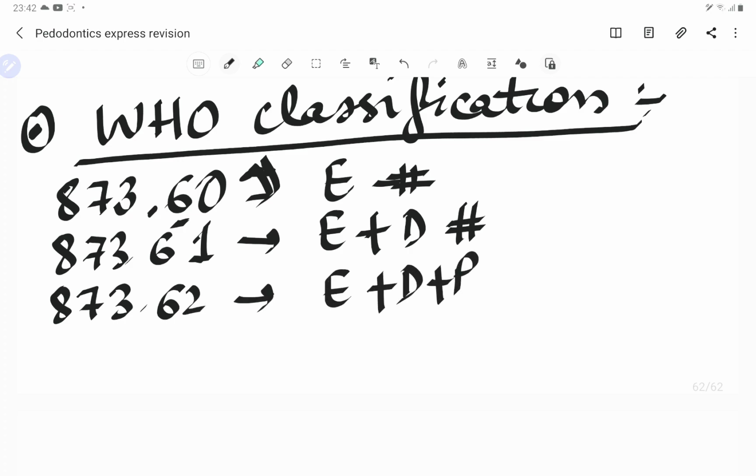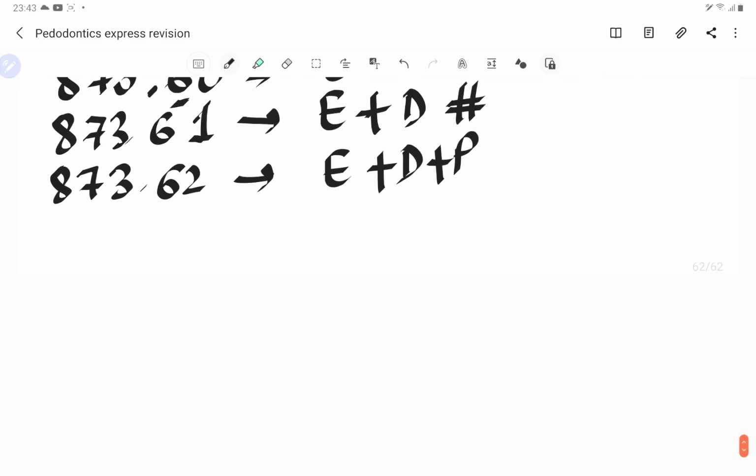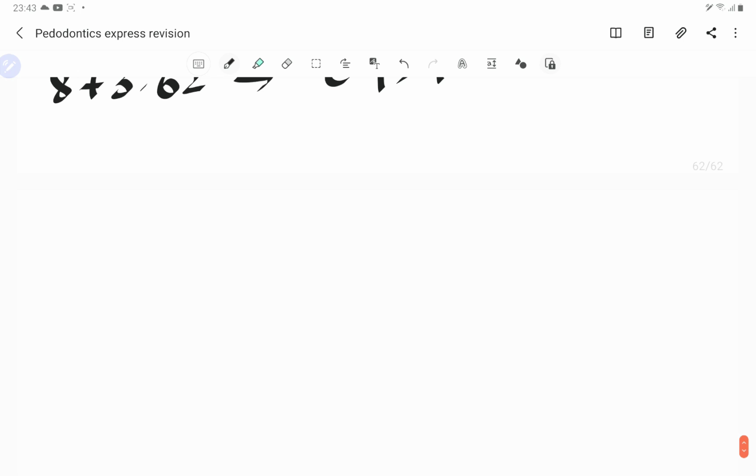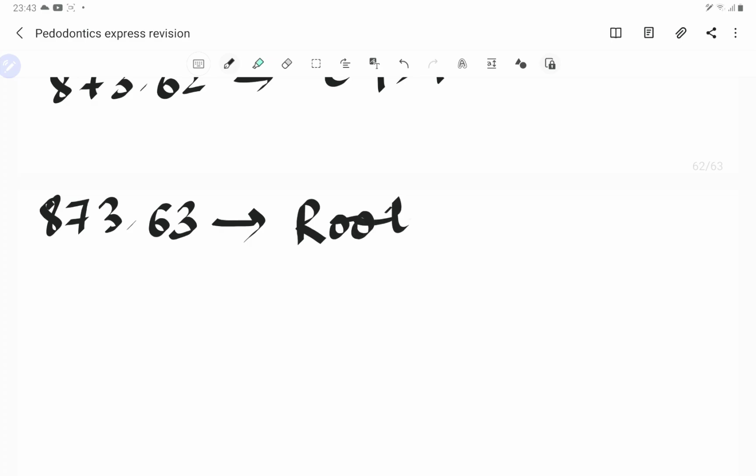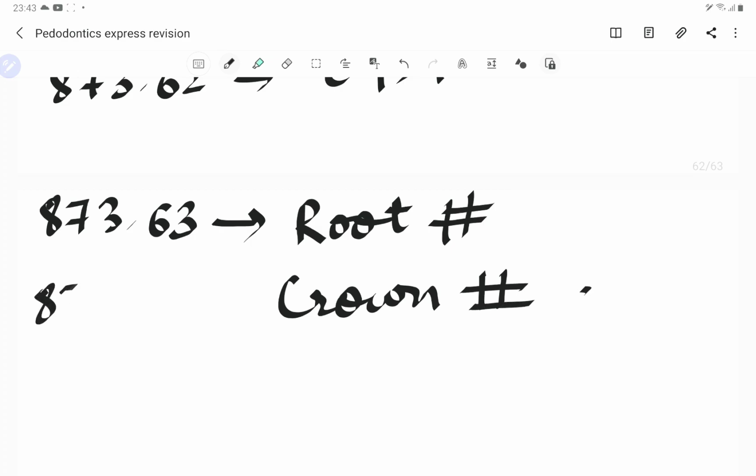So up till now it is similar to the Ellis and Davies classification, but now this classification is going to be different. So 873.63, this is the point wherein the differences start. So we have got the root fracture, then there is a crown fracture, which is very simple according to WHO. So that becomes 873.64.